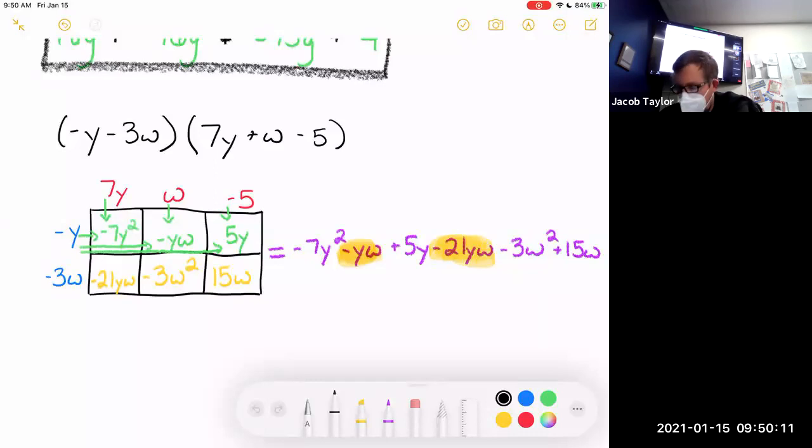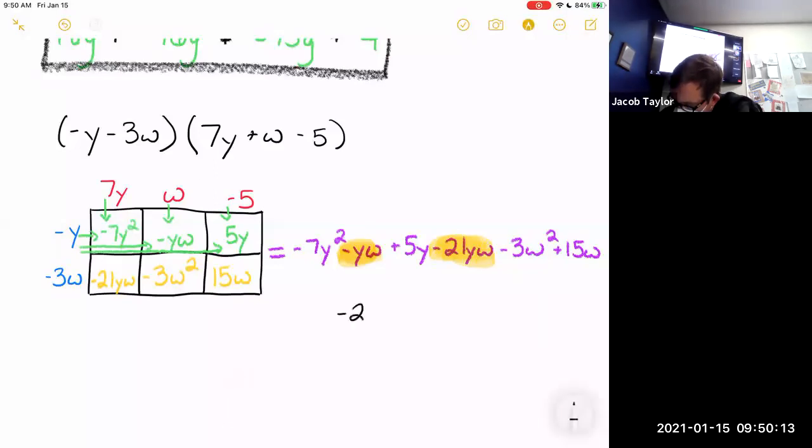It's a negative 1 and a negative 21, so now it's negative 22yw. Variables don't change when I combine them. If you have 3 oranges and I have 2 oranges and we put them together, we don't have 5 squared oranges. We just have 5 oranges.